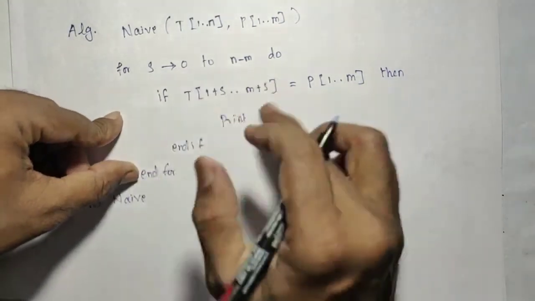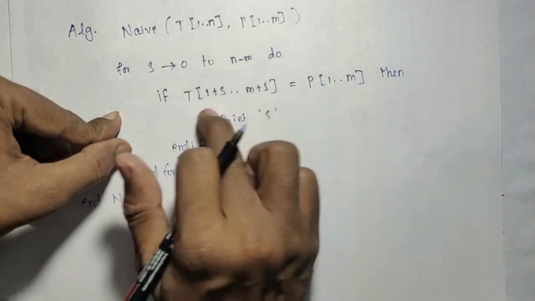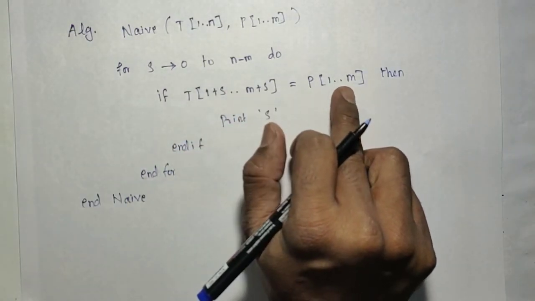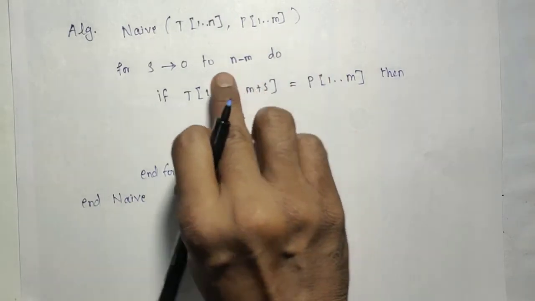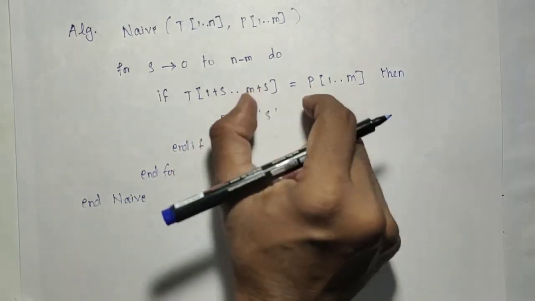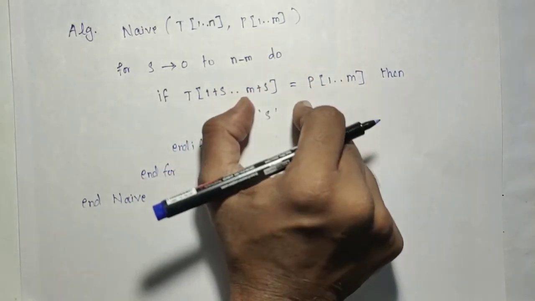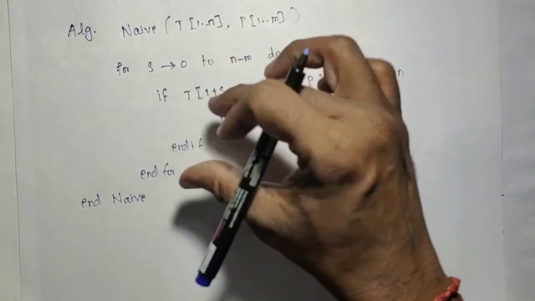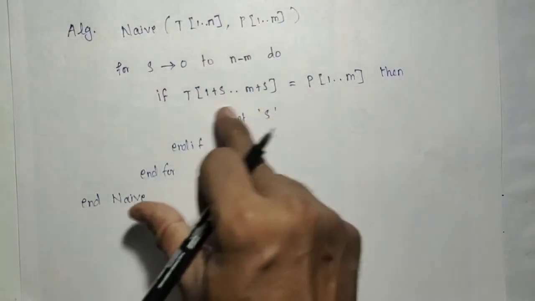Actually in this comparison, character by character comparison will be there. So m comparisons will be there. How many iterations are there? n minus m iterations. Here we are simply comparing. The actual character by character comparison has to be done, so another loop should be there, but from the algorithm point of view, we have written it like this.